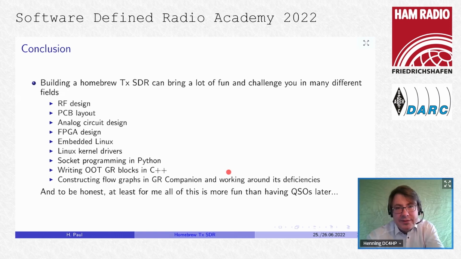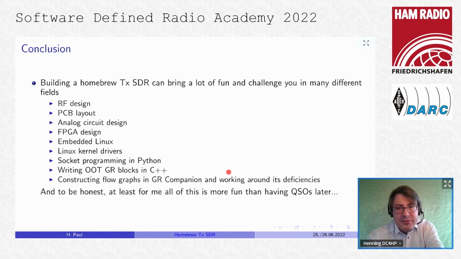You will actually cover a broad stretch of fields. When you do this kind of thing, you need to do an RF design. When you do the analog RF parts, you do the PCB yourself. You have to take care of the analog parts of the DAC circuits. Then you go into the FPGA and then to the Linux world.